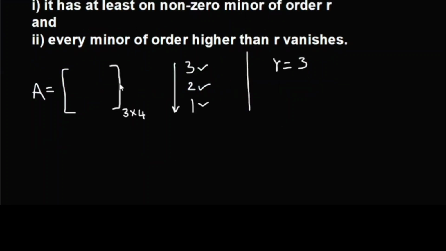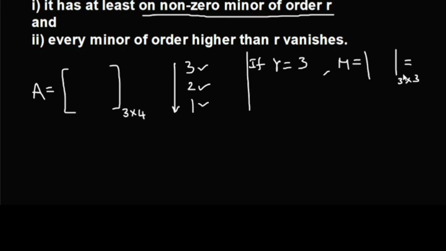If the rank of the matrix A is equal to 3, then what does the definition tell? That means you can find a 3 by 3 minor which is not equal to 0.